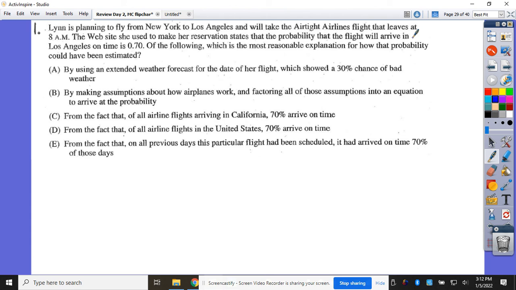If I tell you I have a coin, you know that the probability that it's going to land on tails is 0.5, right? Why do you know that? Possible outcomes. And what if I tell you I have a die in my pocket and you don't know how many sides it has, and I keep rolling it and just telling you what the answer is? How could we figure out what the proportion of something is?